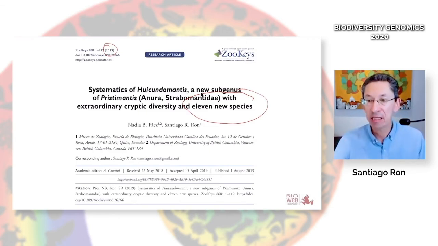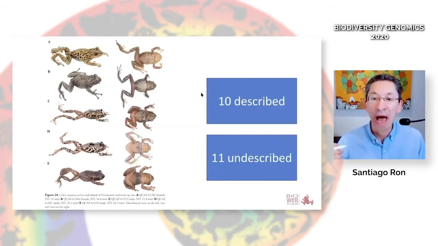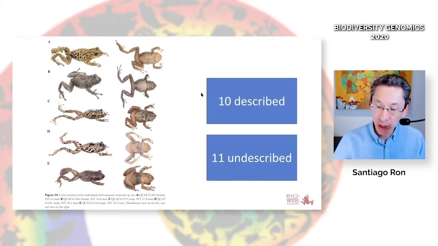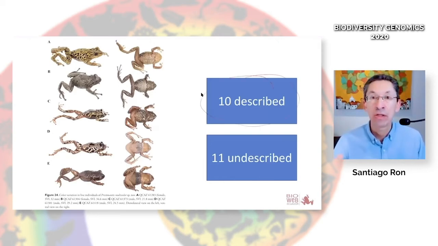But in this case, thanks to the use of genetic information, we were able to discover these 11 new species. And what is most remarkable is that in the clade of frogs that we were analyzing, there were only 10 described species. So in this taxonomic review using genetic data, we were able to duplicate the number of known species within this clade.